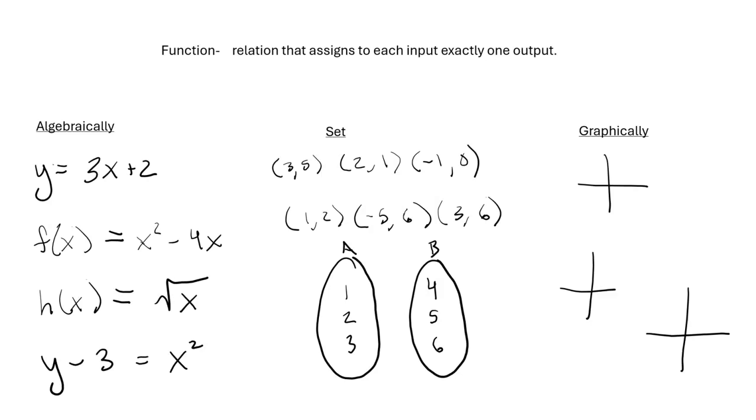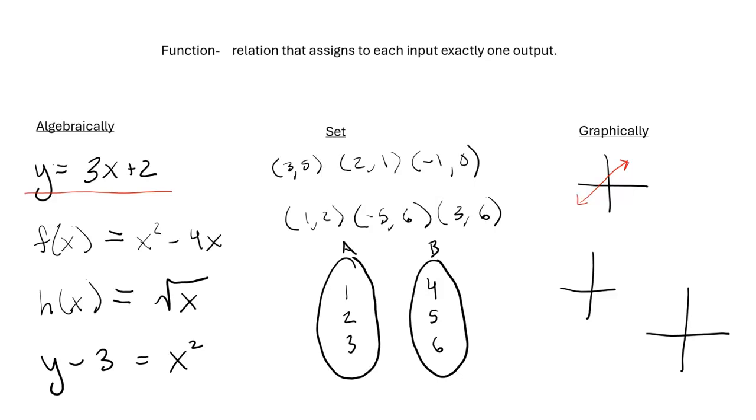There are many ways to think about a function because we could look at it algebraically, so it could be in function notation. We could have y equals 3x plus 2. That's a linear function. So graphically, something like this. It doesn't have to say y equals, we could also have f of x, h of x, g of x, any of those are fine.